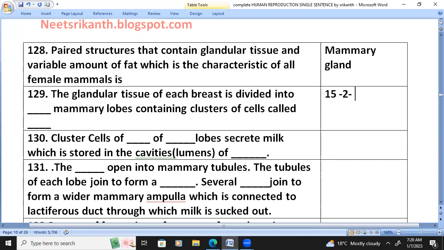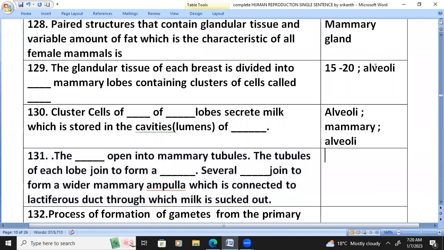The glandular tissue of each breast is divided into 15 to 20 mammary lobes containing clusters of cells called alveoli. The cells of the alveoli secrete milk, which is stored in the cavities of the alveoli. Alveoli open into mammary tubules.